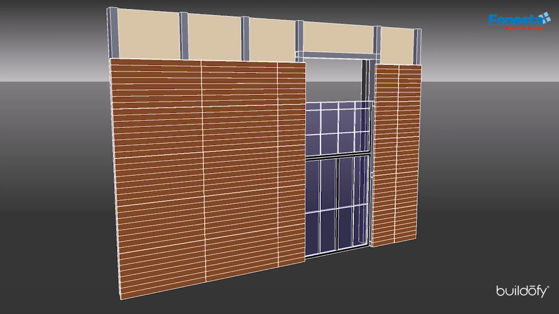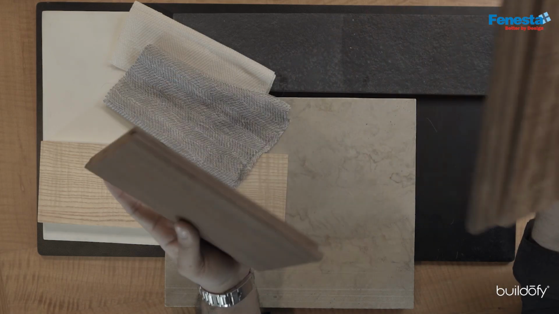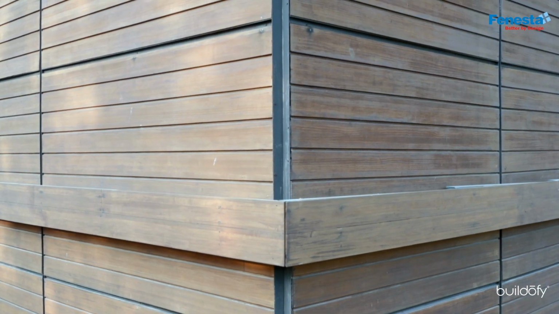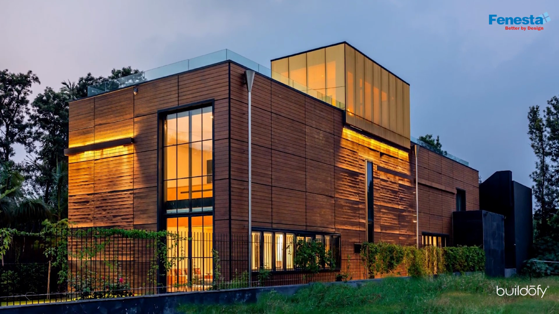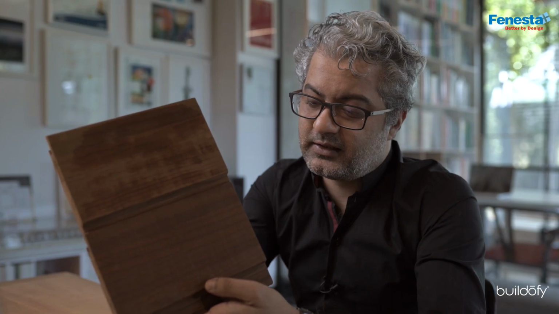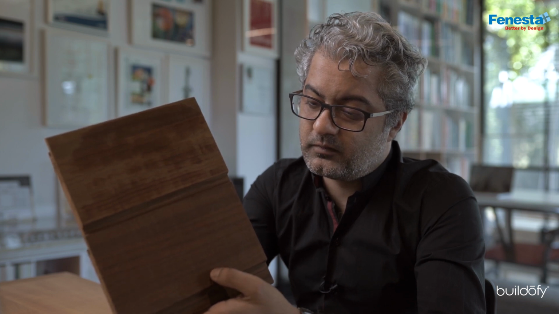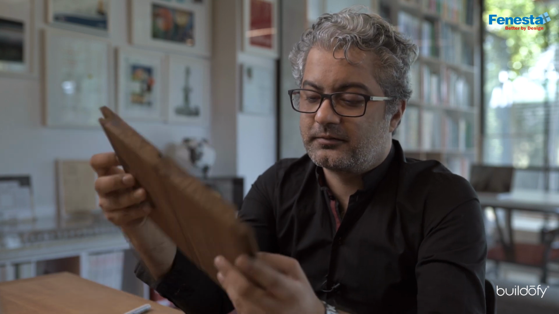Our elevation is made with thermo-treated pine, and these are interlocking panels that are mounted on a cladding framework, but as they lock, they resist water ingress and form the first wear layer of our ventilated facade.